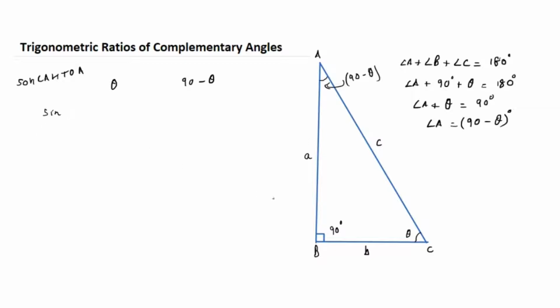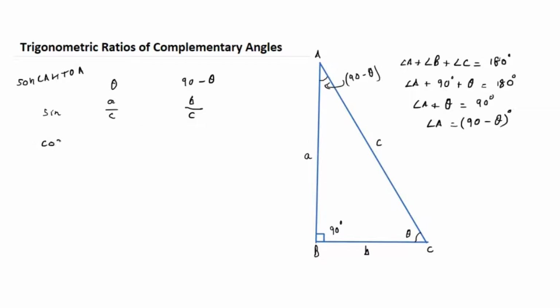So sine of this angle is opposite over hypotenuse. Opposite to the angle theta is A, so we write A over the hypotenuse, which is C. And the sine of 90 minus theta, the opposite of 90 minus theta is B, so it is B over the hypotenuse, which is C.